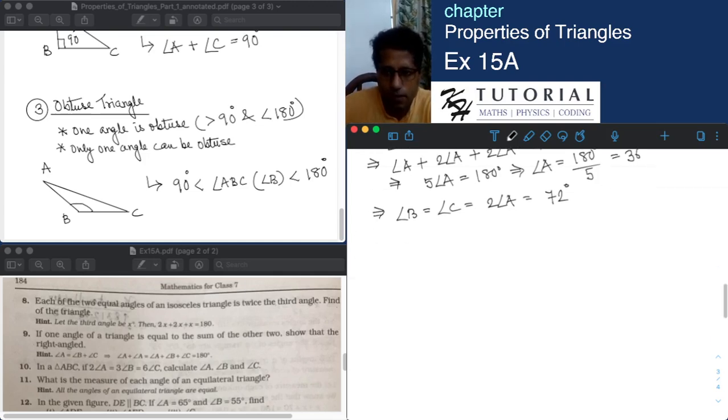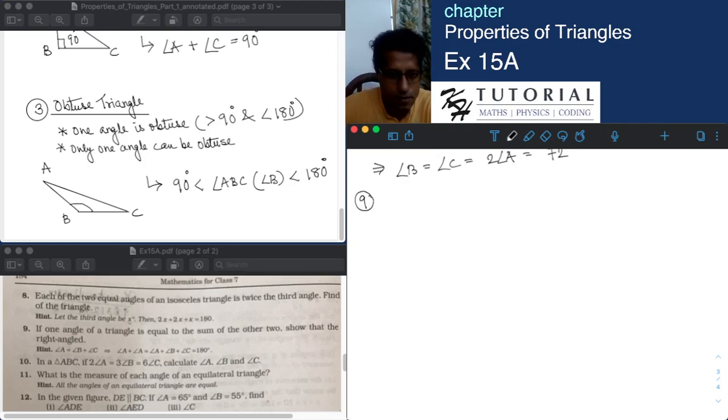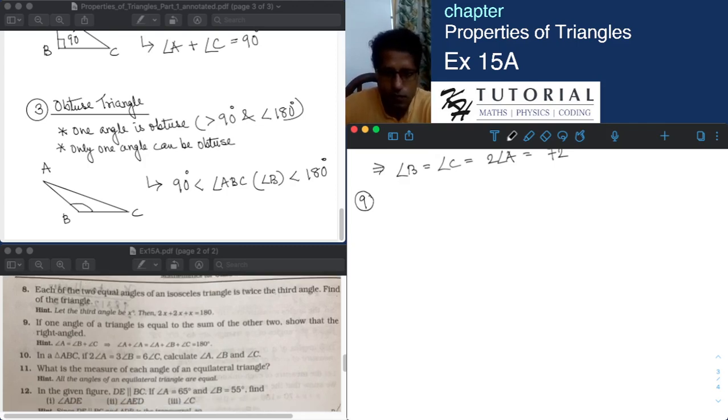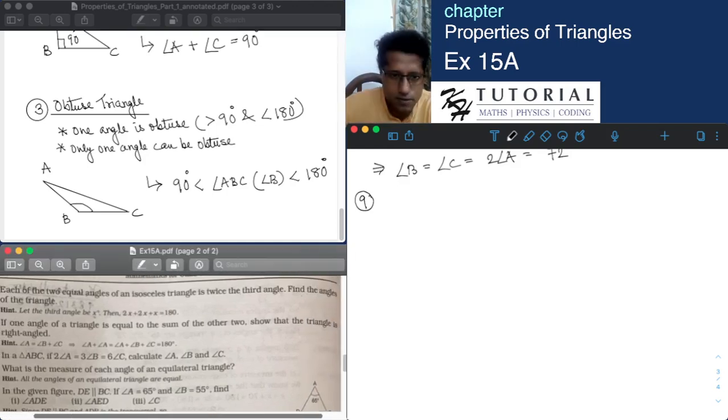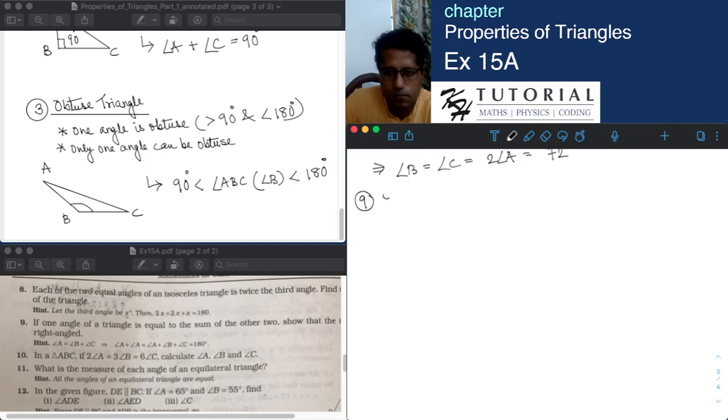Let's do problem number 9. Problem number 9 says that if one angle of a triangle is equal to the sum of the other two, show that the triangle is right angled. Okay. In triangle ABC, it is given that one angle of a triangle is equal to the sum of the other two.